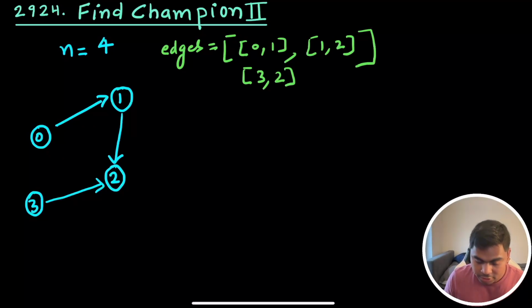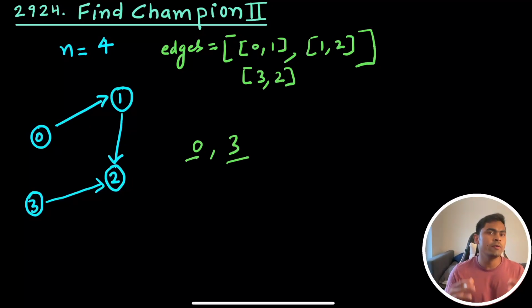Is 0 still the strongest team in this group of teams? No, there is another team, 3, that also has no team stronger than itself, because 3 is greater than 2, 0 is greater than 1, and 1 is greater than 2. Both 0 and 3 have no incoming edges, so there is no way of comparing these two.